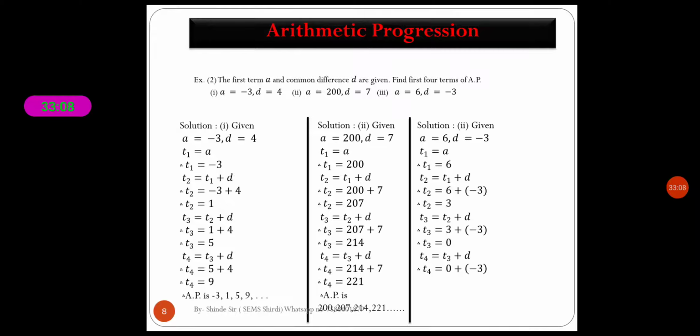In a sequence, if the difference between two consecutive terms is a constant, meaning d is constant, then the given sequence is an AP. Here a is the first term, t1 is equal to a, and d is the common difference.